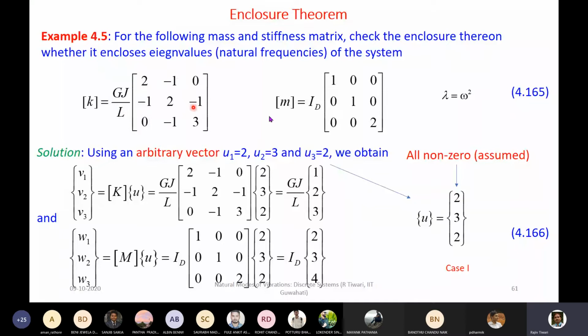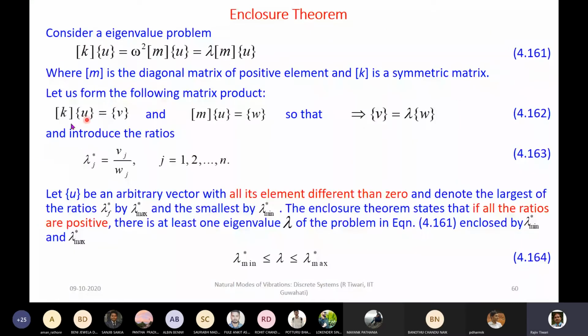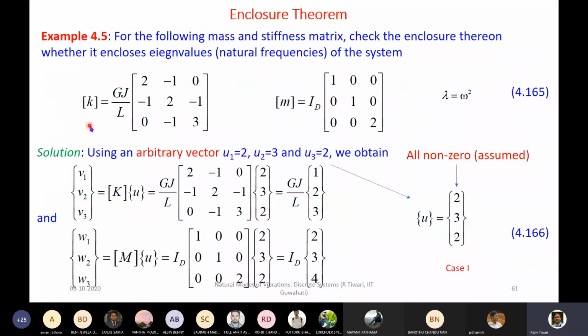The u vector which I was talking about in the previous slide, we are assuming something like 2, 3, 2, arbitrarily chosen. We ensure that none of them are 0.